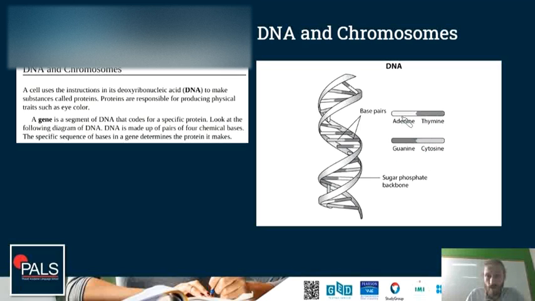Or more simply put, we often see just the letters A, T, G, and C, where A always goes together with T and G always goes together with C. Our DNA is a double strand where these bases pair up, and these sequences of bases, so one base coming after the next, can code for a specific protein, for a gene. We will have a look at this in more detail now.